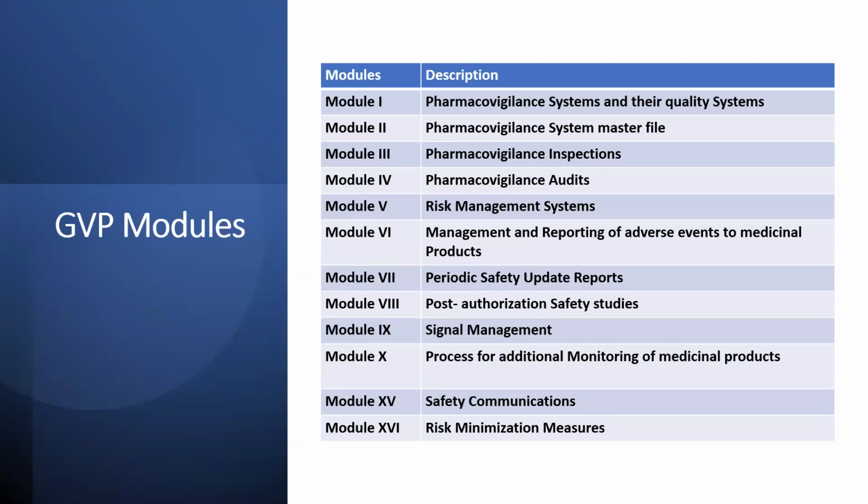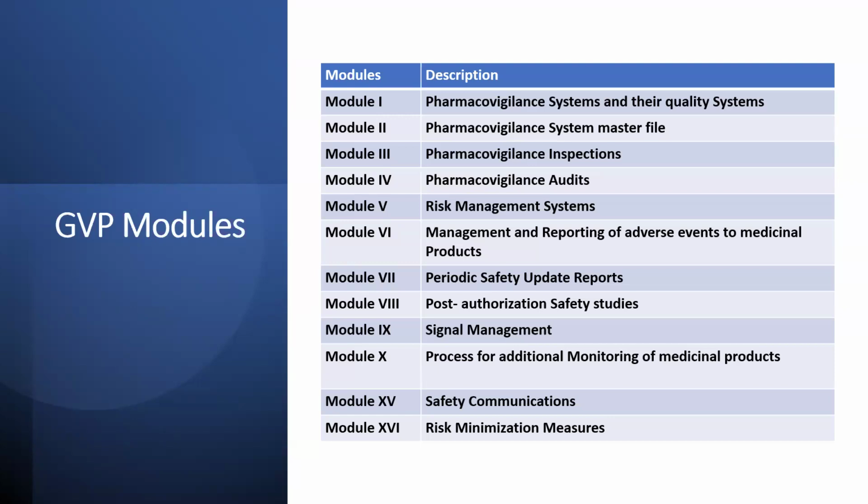If suppose in the EU region you have to draft the PSMF, like the pharmacovigilance system master file, then you have to follow GVP module 2. If you have to conduct an inspection in the EU region, then you have to follow module 3, that is for inspection. If you have to conduct some audit internally in the organization, then you have to follow module 4.